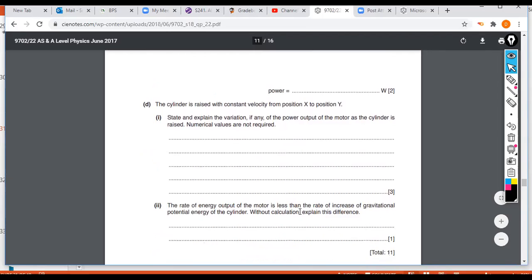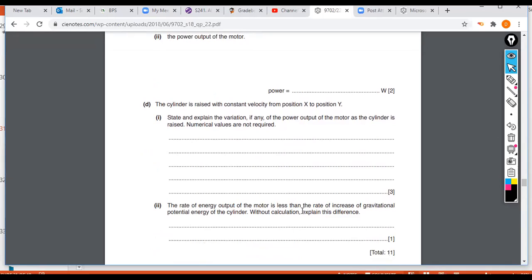And then lastly, it says the rate of energy output of the motor is less than the rate of increase of gravitational potential energy of the cylinder. So we're increasing the gravitational potential energy of the cylinder, but the rate that the energy output of the motor is less than that. And they're saying we're not violating the law of conservation of energy here.